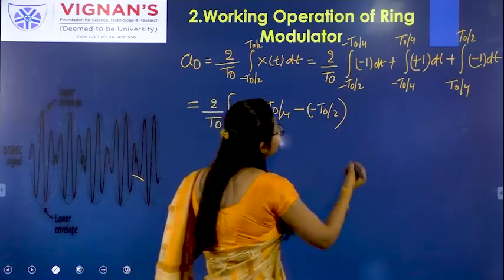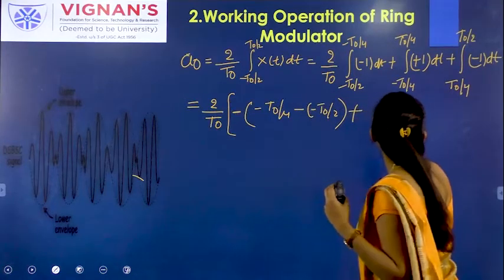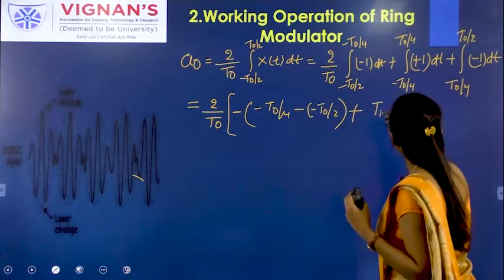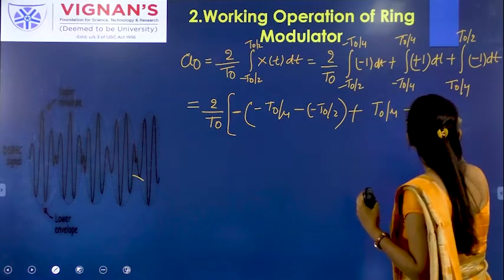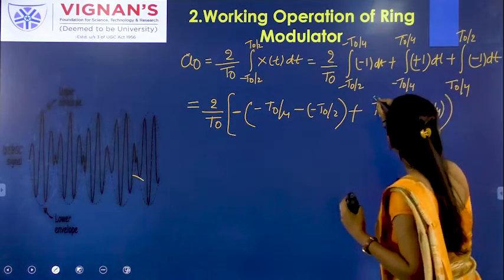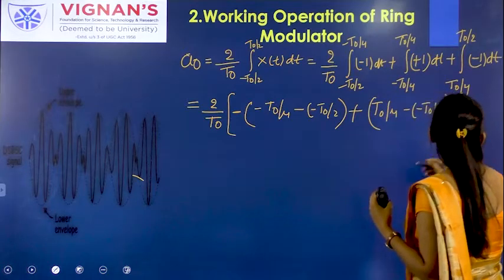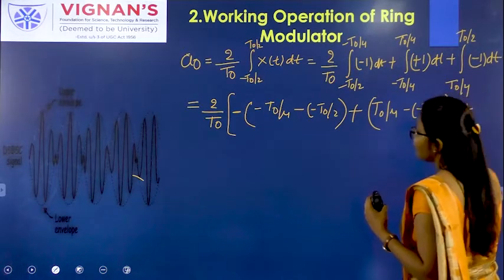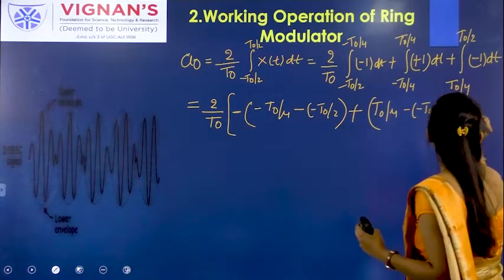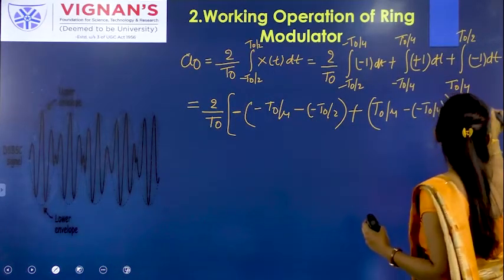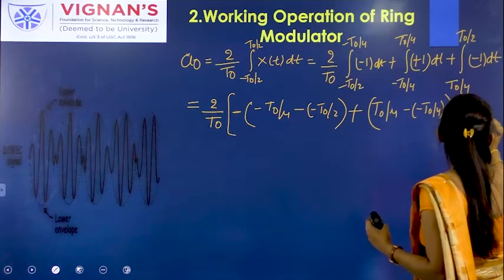This is 1 you will be getting, plus t naught by 4 minus of minus t naught by 4, and plus, here again minus is there, so I am keeping minus outside. So minus outside, of t naught by 2 minus t naught by 4.